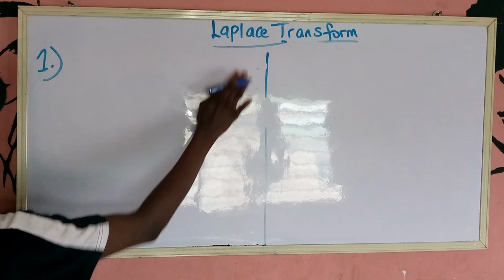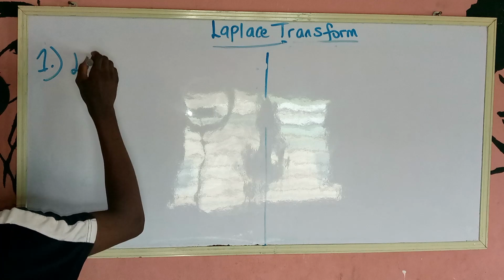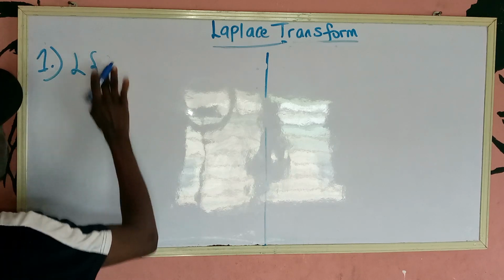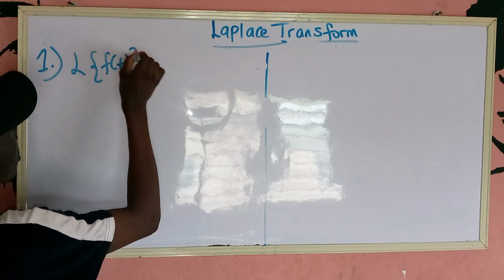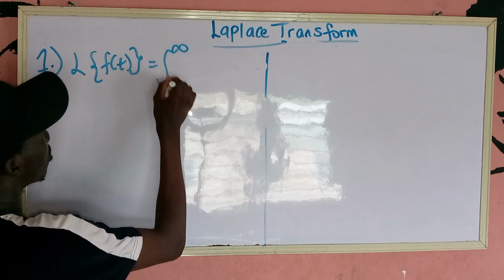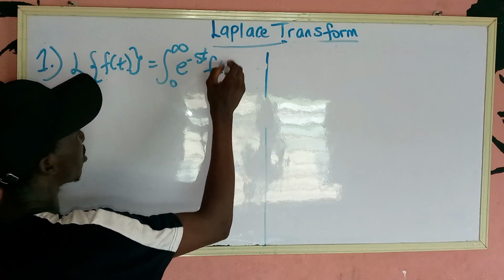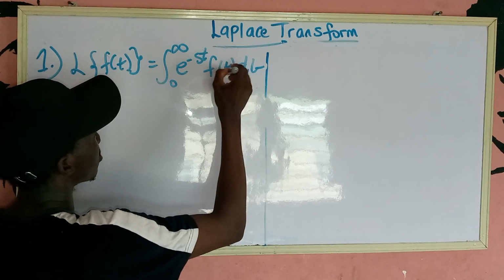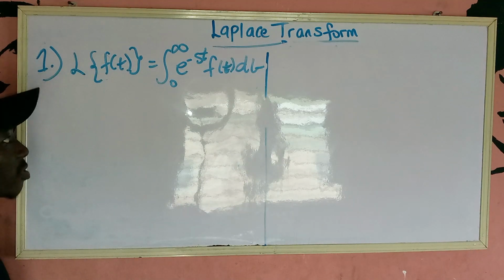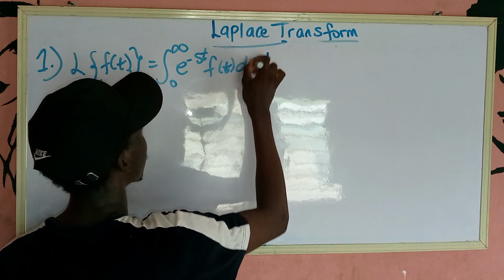So taking that, we know the Laplace transform of a function is equal to the integral of e raised to power minus st f of t dt. That is the Laplace transform of a function.